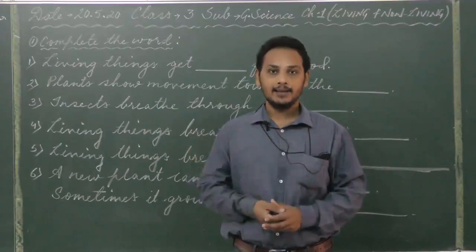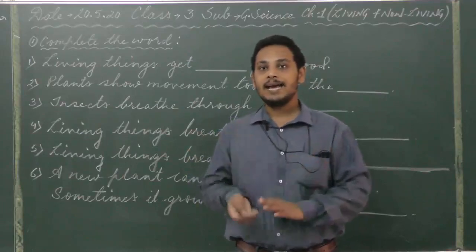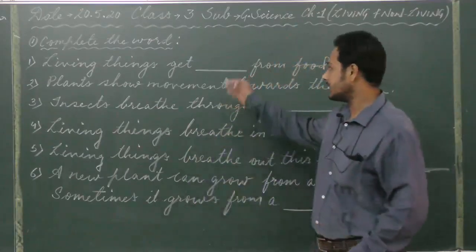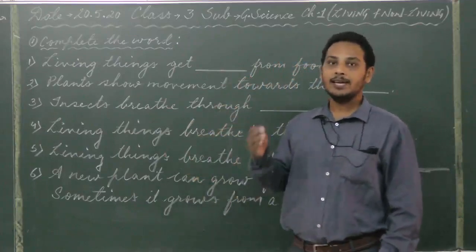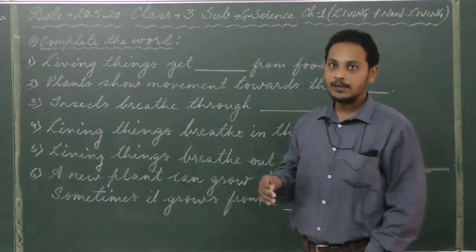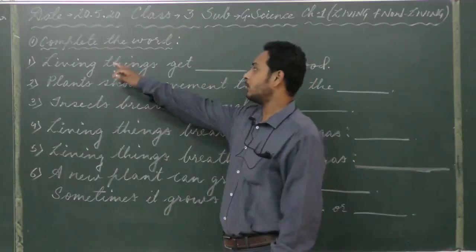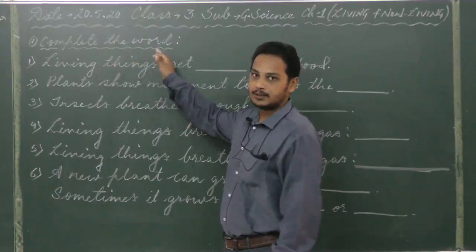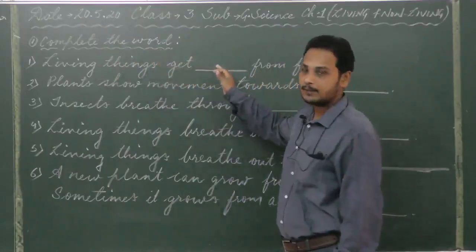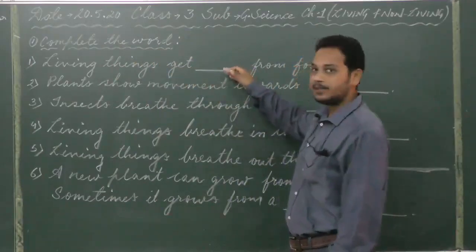I hope you all have done that. So after you complete the diagrams, this is the next exercise that you have to do in your science notebook. You will continue after the diagram. You'll put the heading there on top, complete the word. As you can see, blanks are given here. You have to fill in these blanks.